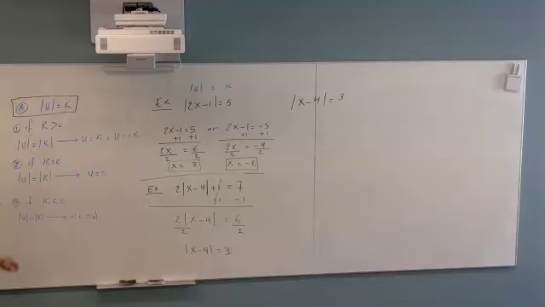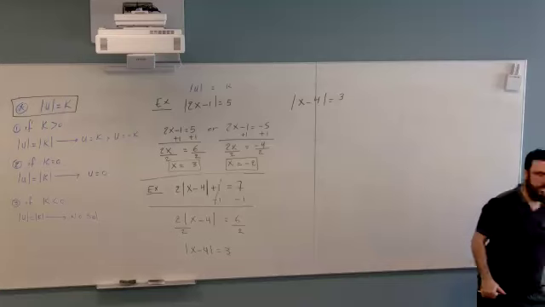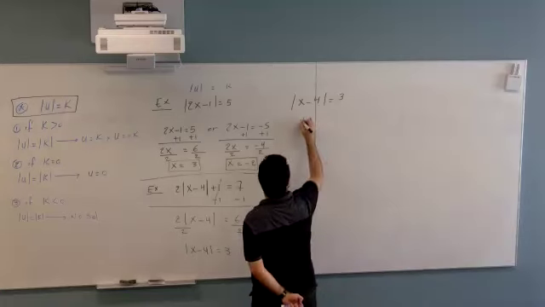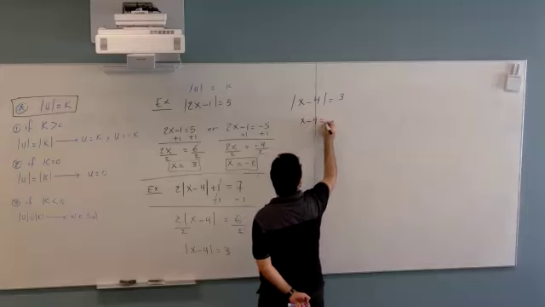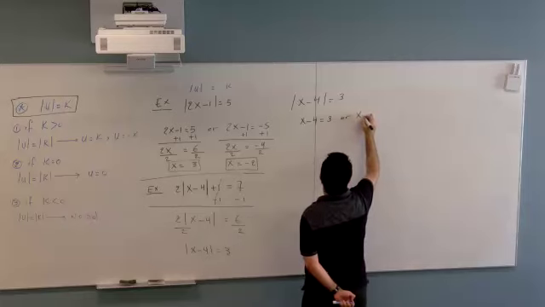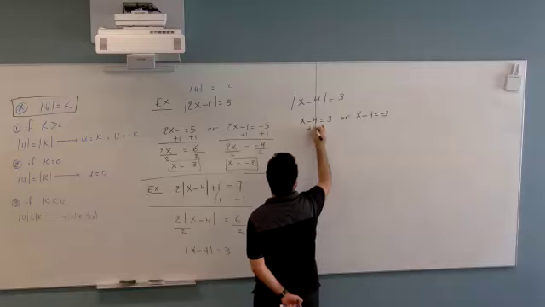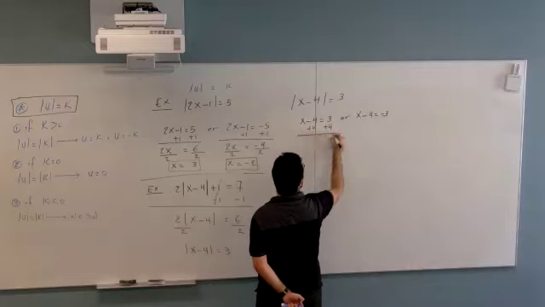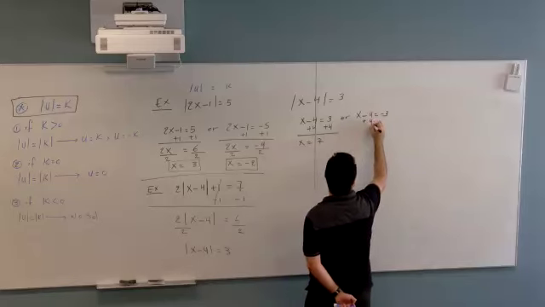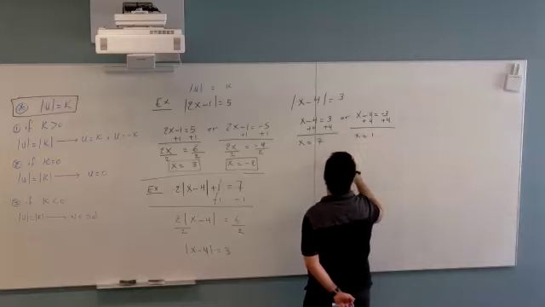So the first case, that means x minus 4 equals 3, or what? x minus 4 equals negative 3. I'm going to add 4 here, so x is going to be equal to 7. I'm going to add 4 here, so x is going to be equal to 1. That's it.